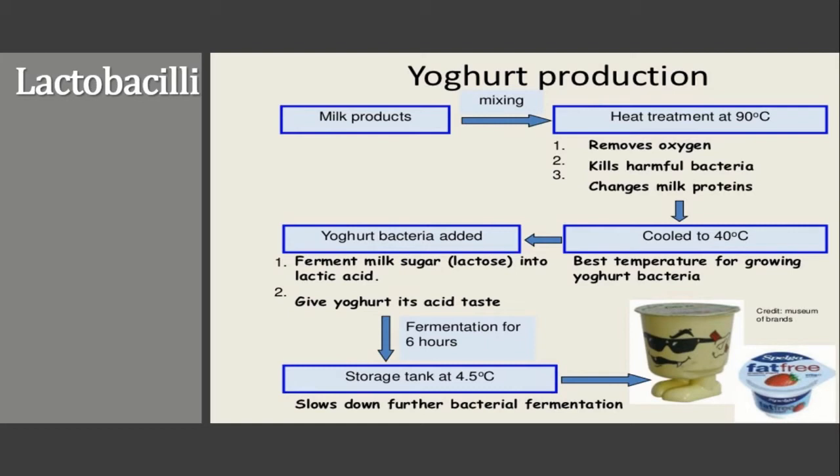Then there is addition of yogurt which ferments milk into lactic acid and also gives yogurt its acid taste. After fermentation for 6 hours, yogurt is then stored in storage tank at 4.5 degrees Celsius. This is the process of yogurt production.